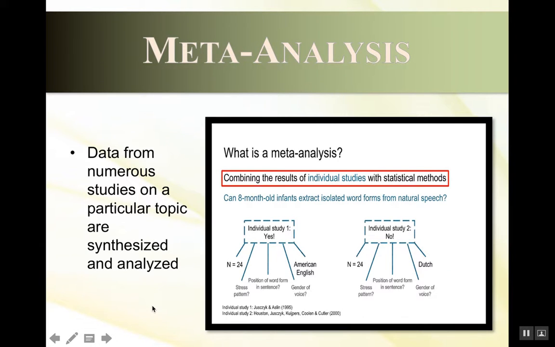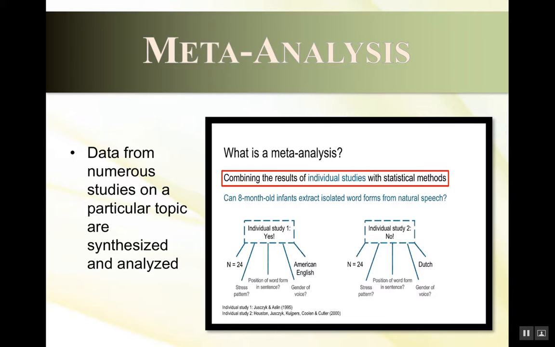Another type is meta-analysis, and this is data from numerous studies on a specific topic where they're analyzed and synthesized together. So it's combining the results of several studies together. An example of this would be, can 8-year-old infants extract isolated word forms from natural speech? Well, they're going to look at information from study 1 and study 2 to pull it together.